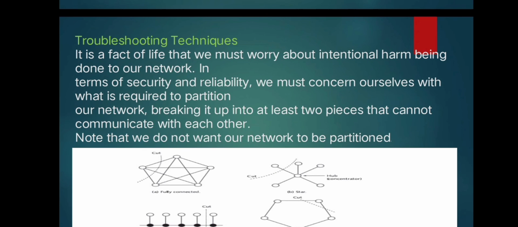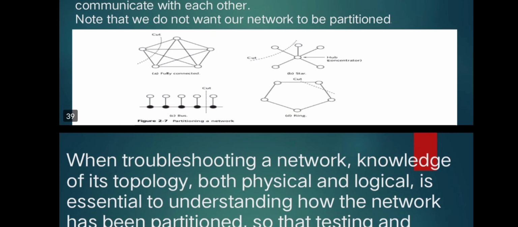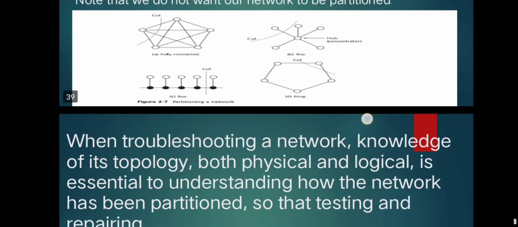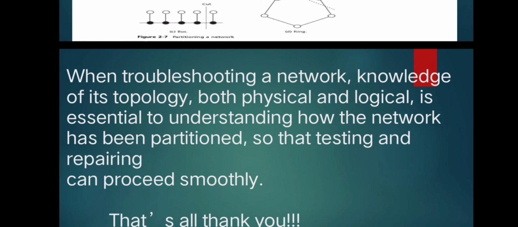Note that we do not want our network to be partitioned. When troubleshooting a network, knowledge of its topology, both physical and logical, is essential to understanding how the network has been partitioned so that testing and repairing can proceed smoothly.